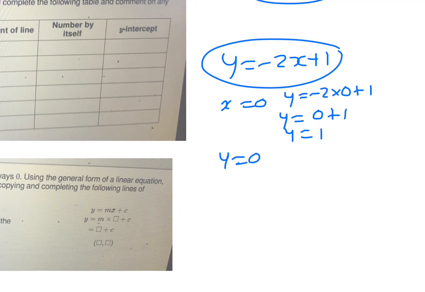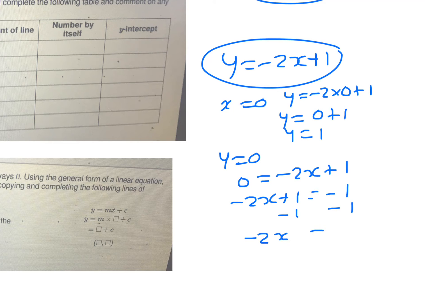And y equals 0, then 0 is minus 2x plus 1. Minus 2x plus 1 equals minus 1. Minus 1 minus 1. Minus 2x to get rid of the minus 1. Minus 1 is minus 2. Divide by minus 2, and x will equal 1.